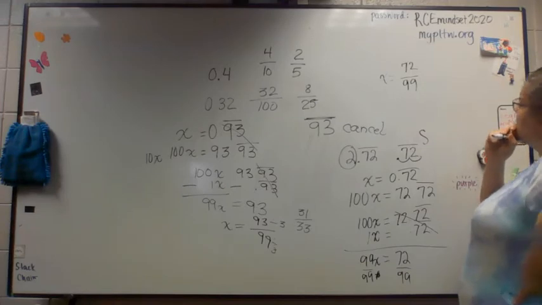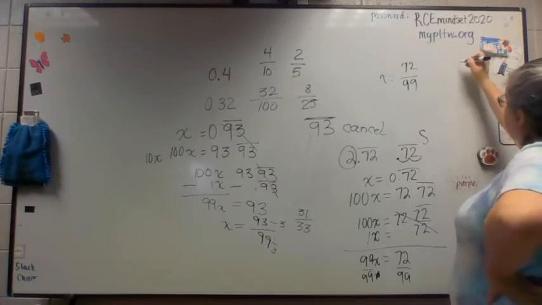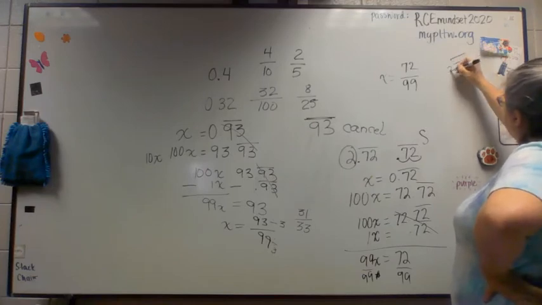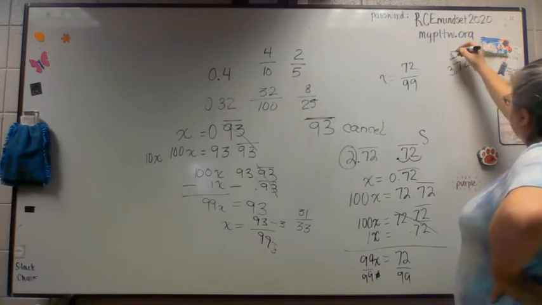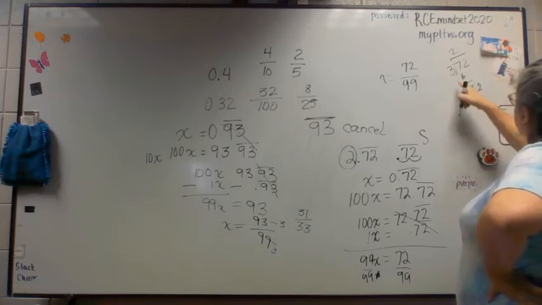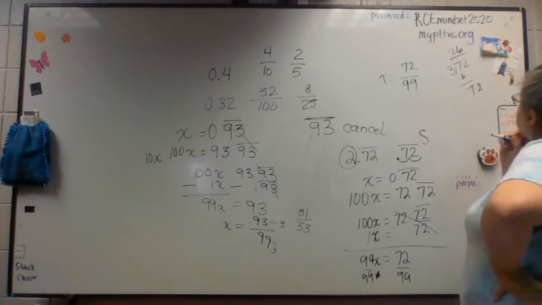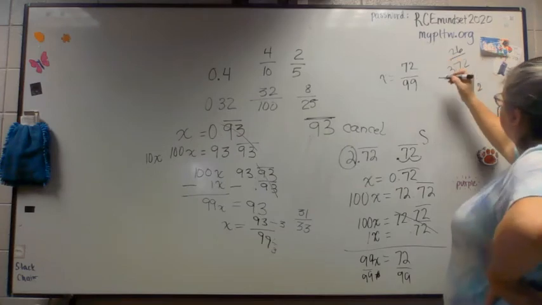I happen to know that both of these can be divided to start out with by 3. So 72 divided by 3, if we can't do this in our head, 3 times 2 is 6, and then that's 12, so that's 26, right? 26.